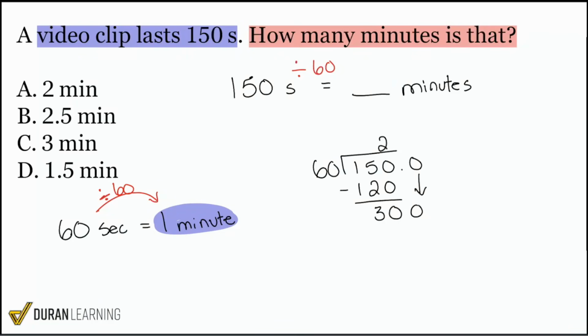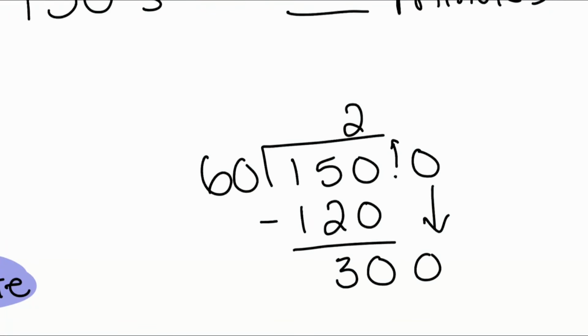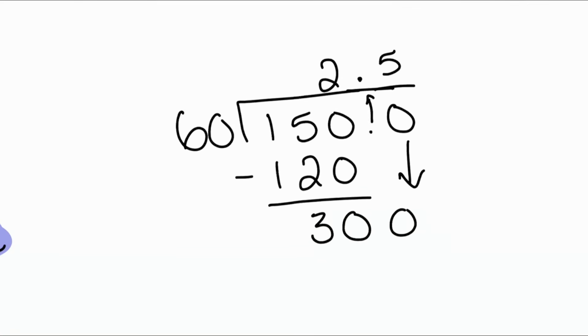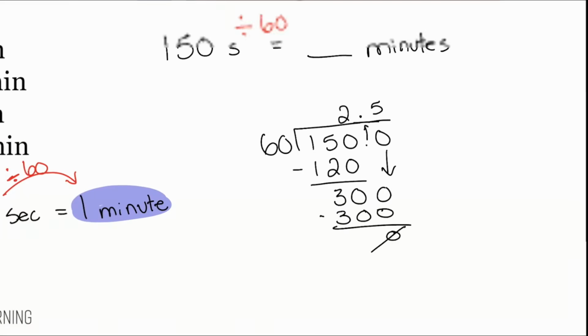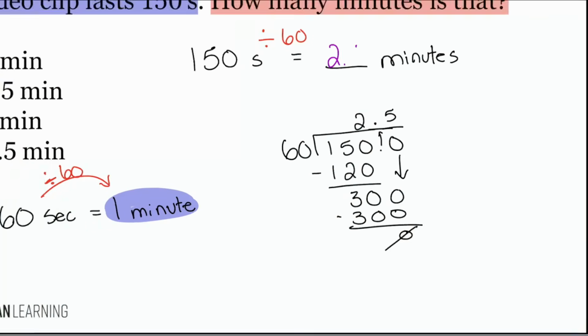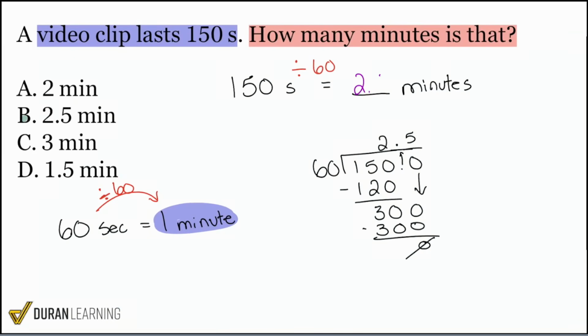So we don't want to forget putting that decimal right above where it was as well. And then we have that 60 going into 300 exactly 5 times. Subtract that 300, and we're all good. Booyah. All done. And so we have 2.5 minutes. And there we go. That's our answer. Our answer is going to be answer choice B.